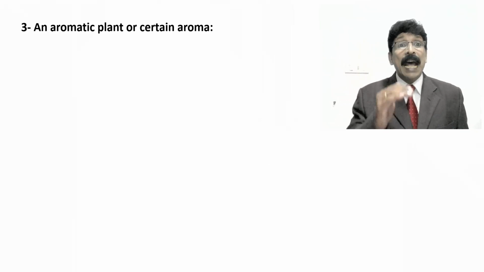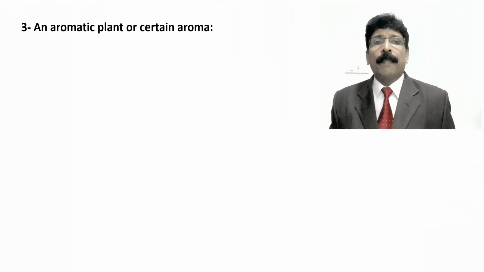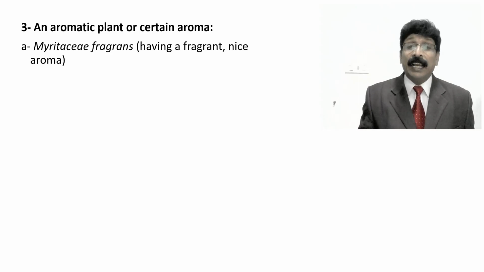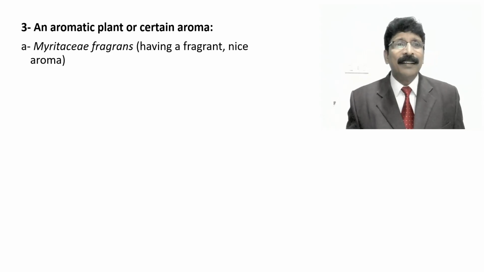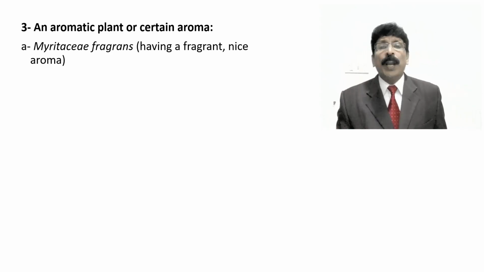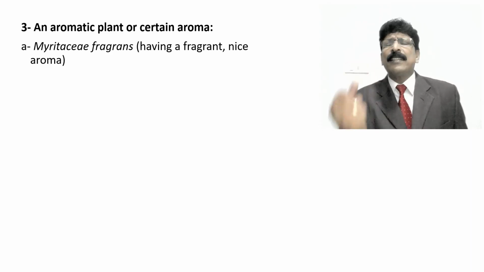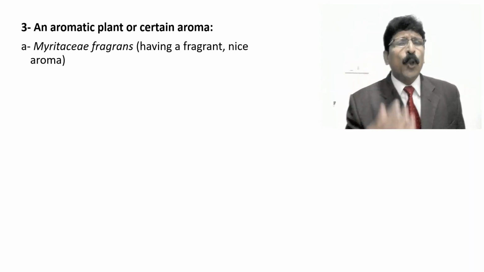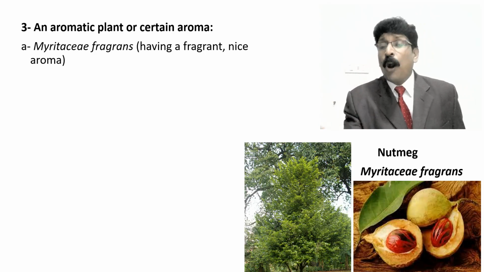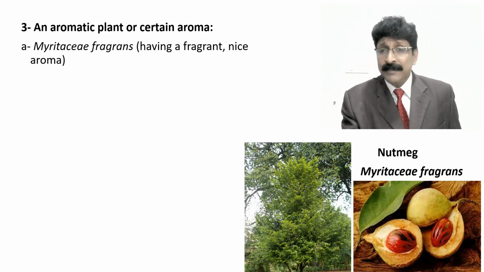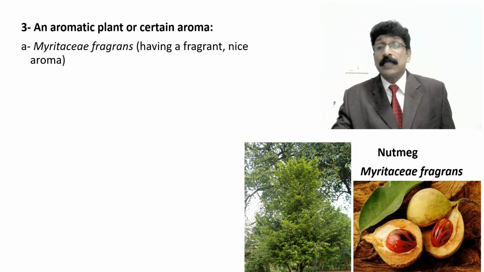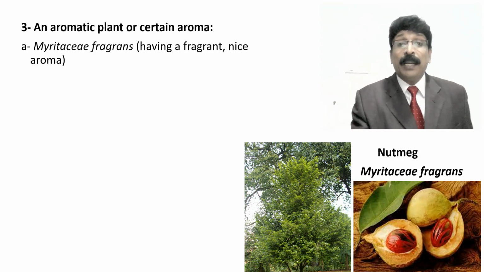Next one is aromatic plants. Certain aroma will be given as a species name. Example, Myristica fragrans. What do you mean by fragrans? Having a fragrance, nice aroma. Myristica fragrans is very common in our place, especially in Kerala and even in some places in Kanyakumari district.